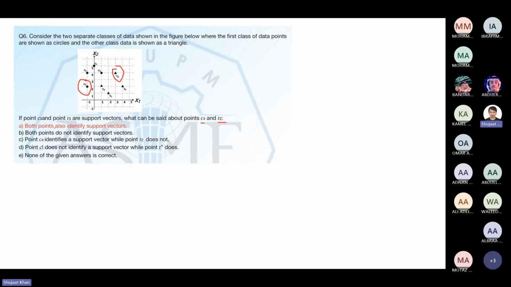C4 and T2 are passing through the hyperplanes, but both points can also be identified as support vectors. In a mathematical sense, we can say both points satisfy the equation of the support vector, the hyperplane equation. So this wording is only true when T2 and C4 are support vectors.